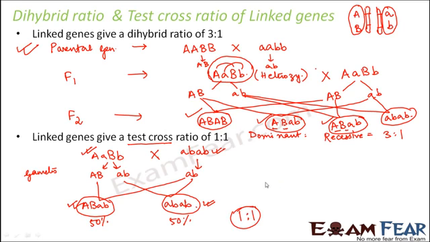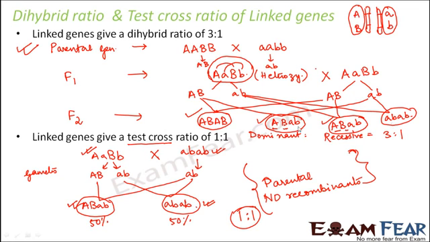And what do you see here? Here you only get parental phenotypes and there are no recombinants. So you do not see any recombinants in this case. If you talk about the first dihybrid cross also, in terms of the phenotypes, it is all the same parental phenotypes.